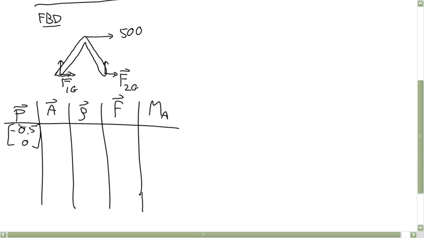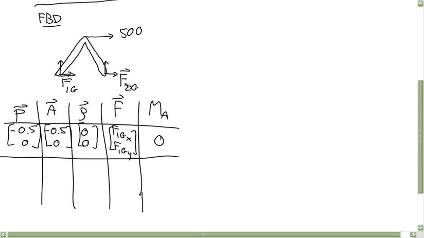And for an about point, let's choose that, negative 0.5, 0, so at least one of these forces we're not going to have to deal with moments. Then rho is 0, 0. The force vector is F1gx, F1gy, and the moment is 0.